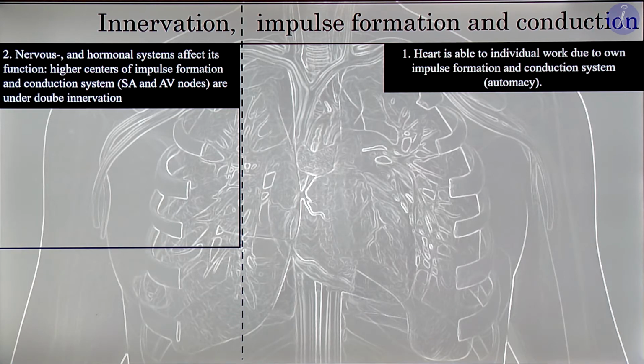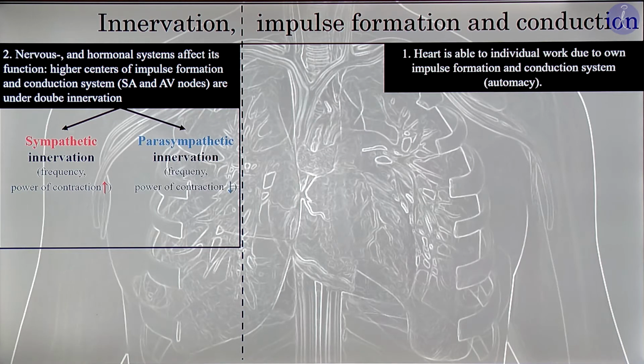Why do we need to impact the heart's function? Because different heart frequency and different contraction power we need if we are running in front of the lion in the African savanna, or we are just sitting on the couch in front of the TV. So that's why the heart has sympathetic and parasympathetic innervation. If the sympathetic innervation becomes active, the heart frequency and the power of contraction increase.